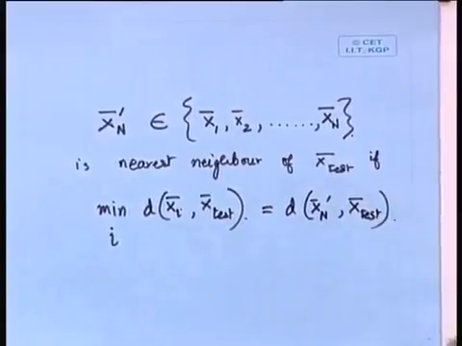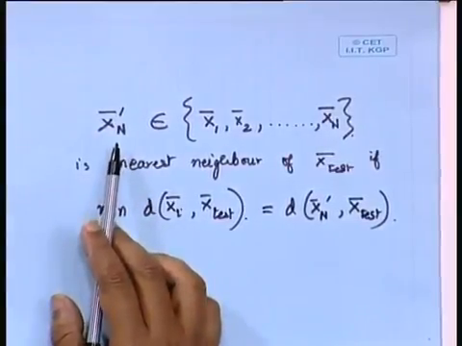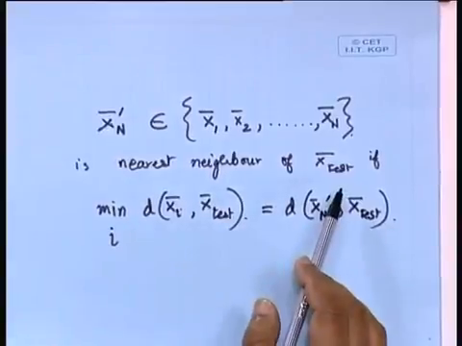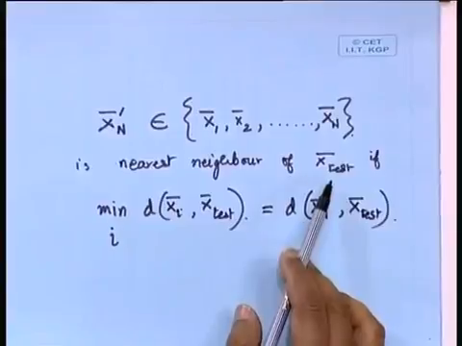If it fulfills the condition, then we are going to say that Xn prime is going to be the nearest member of this X test.